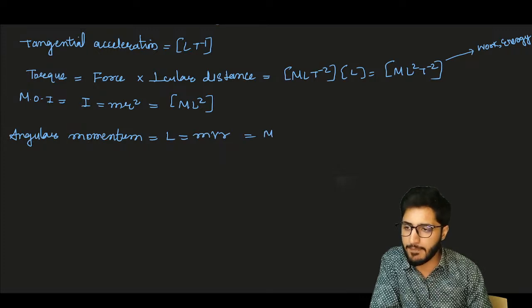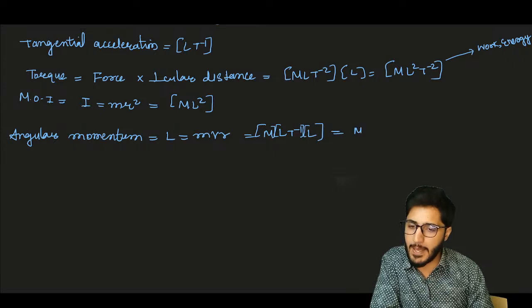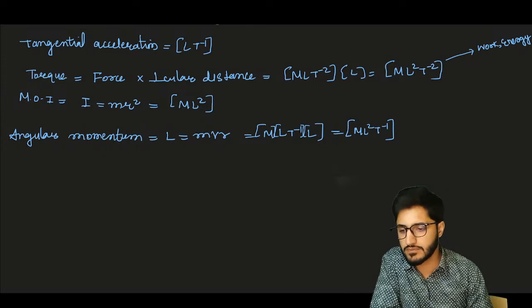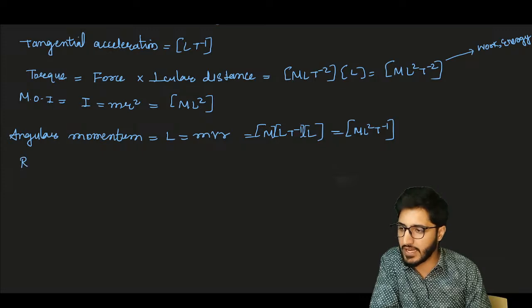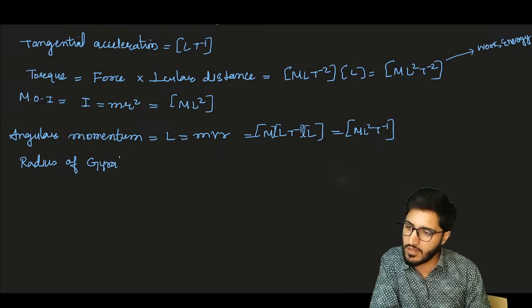Mass is M. Velocity is LT^-1. And the r is L. So I can write it as ML2T^-1. We are having the radius of gyration. A radius of gyration is nothing but L.